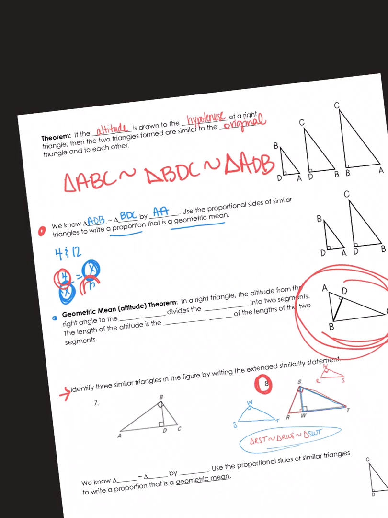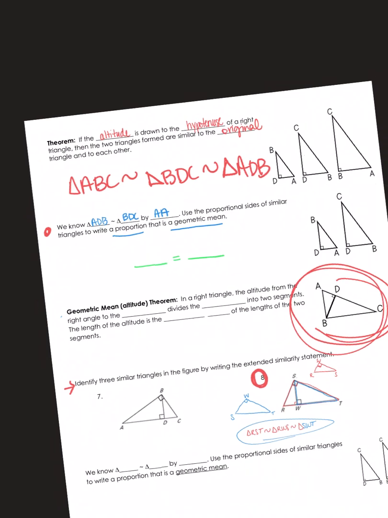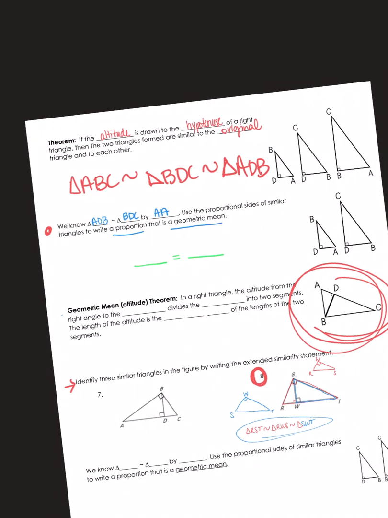So if we're looking for a proportion that is a geometric mean, that means that in two spots of our proportion, we need to have the same thing, okay? So if we look at our two similar triangles, we're looking for the same side that's used twice. So over here, we've got segment BD, and here we have segment BD. So that means if I've got BD in each triangle, I'm going to let those be the geometric mean. Now, I usually like to go left to right or small to big.